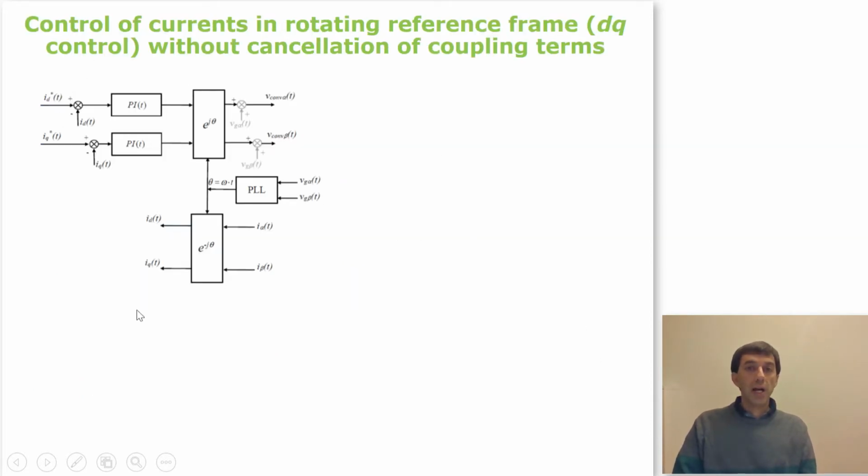So again, we have the DQ control, but here now we are not canceling the coupling terms. So the control strategy is basically the same, but we have eliminated this cancellation. These feed-forward terms are not used anymore in this control.